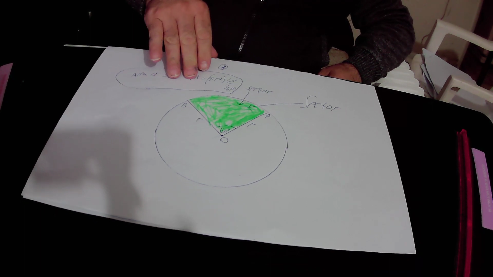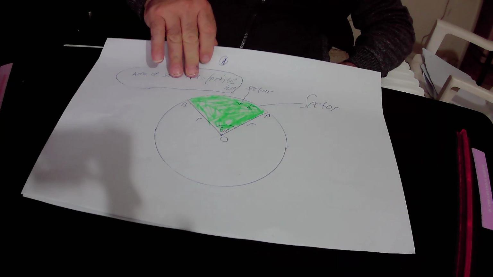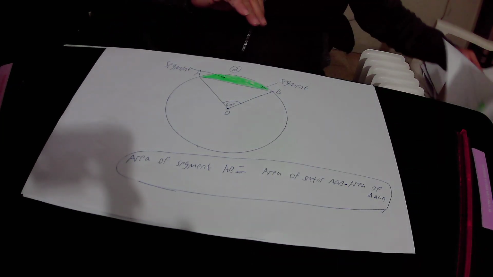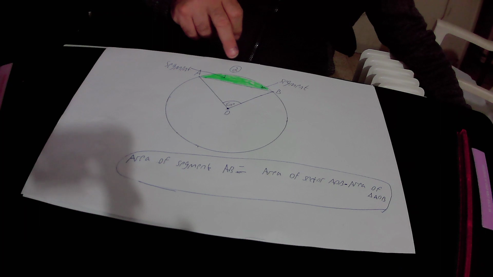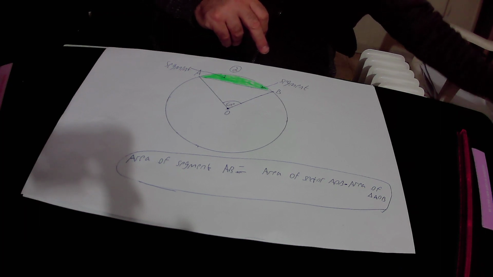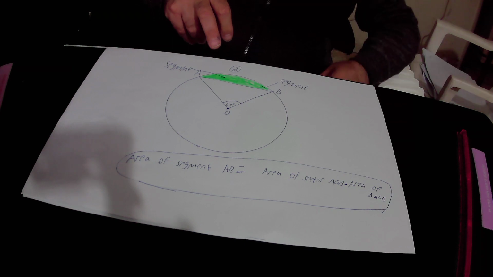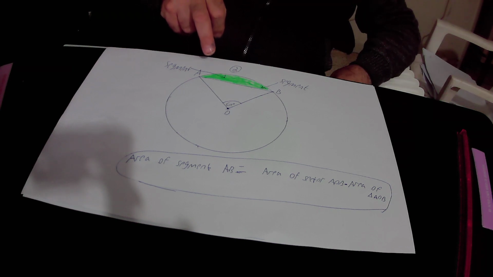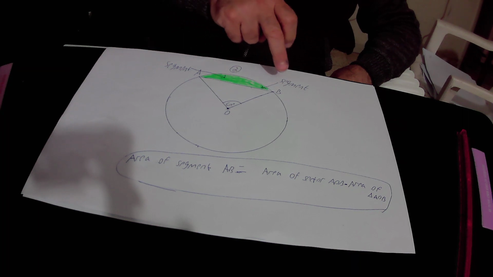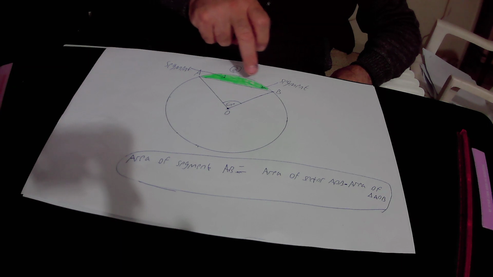And we have also another term that is actually segment. Here, a segment is the area that is bounded by arc AB and the chord AB that is attached to this arc.